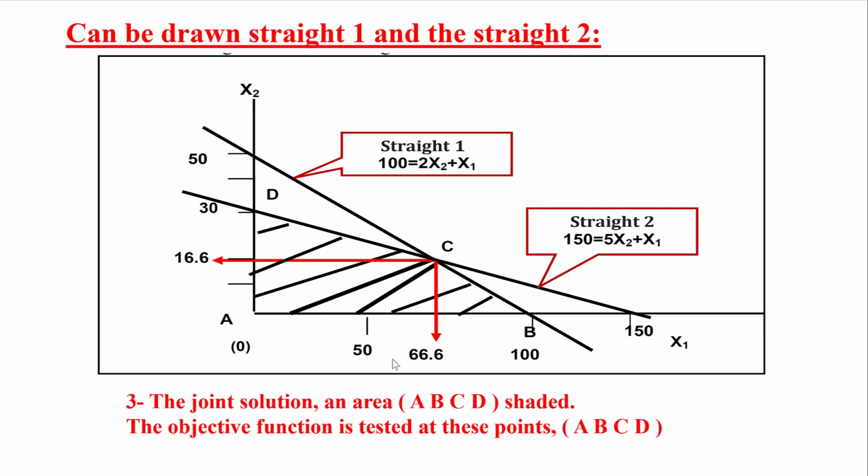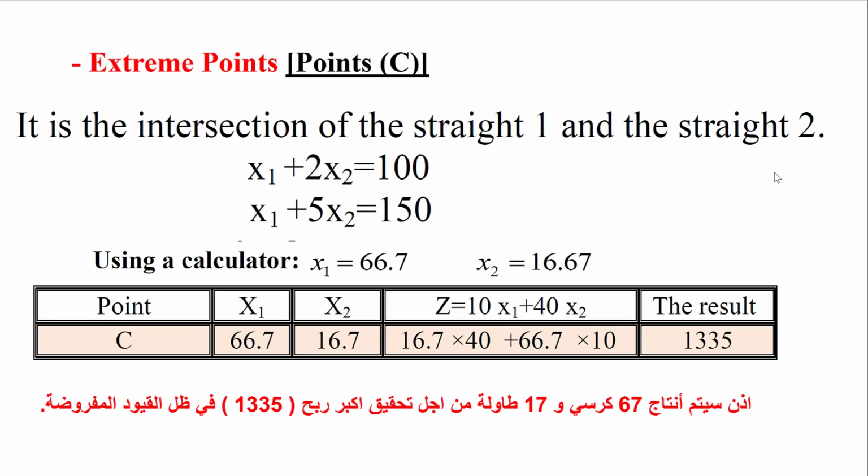We select among A, B, C and D the maximum point that will achieve the maximum profit. The maximum point here will be C, because at D, A and B either x1 or x2 equals 0, so it's not the solution. The solution is to maximize both x1 and x2. So the extreme point here is point C.